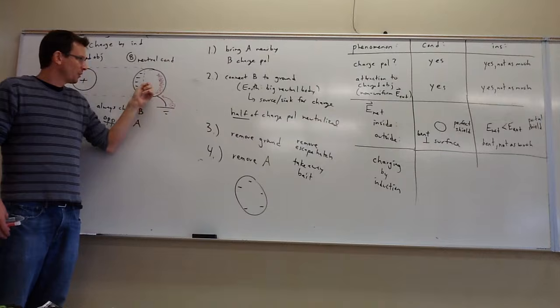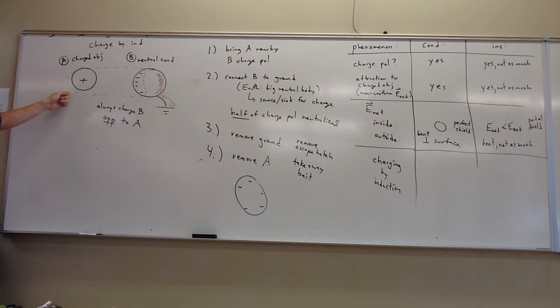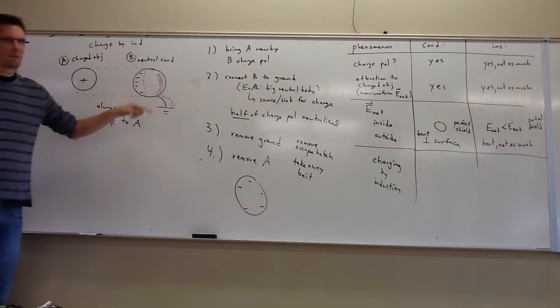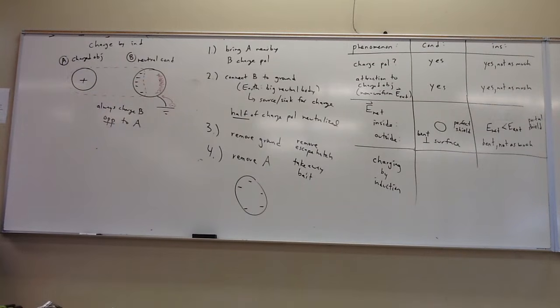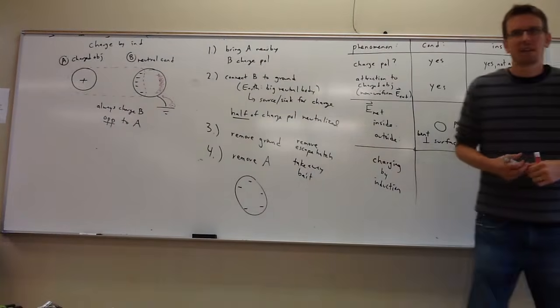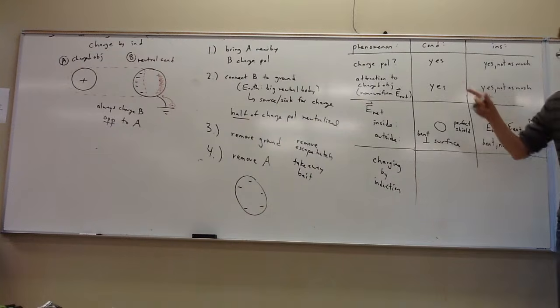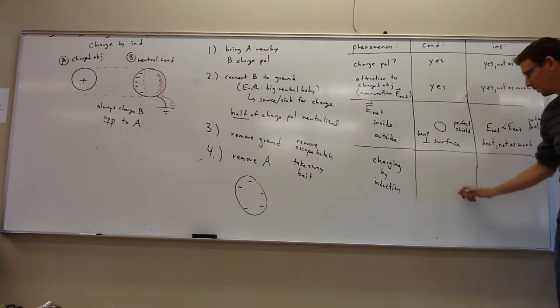So we connected a neutral object to a neutral object, but because this was in the vicinity, we were able to get some net charge on B at the end. Okay? So charging by induction, that's how it works. You'll always wind up with charge opposite to the one on the charged object you brought nearby.